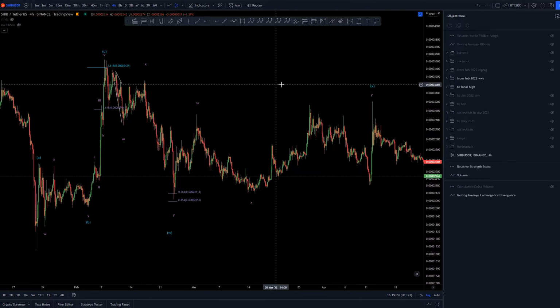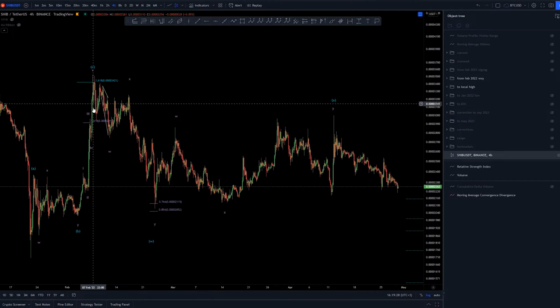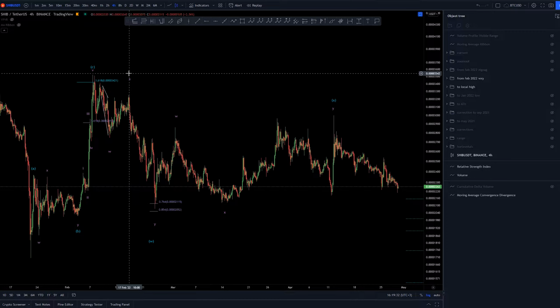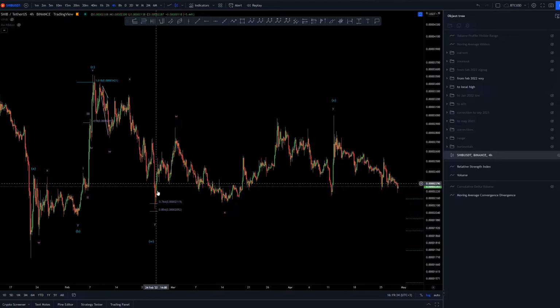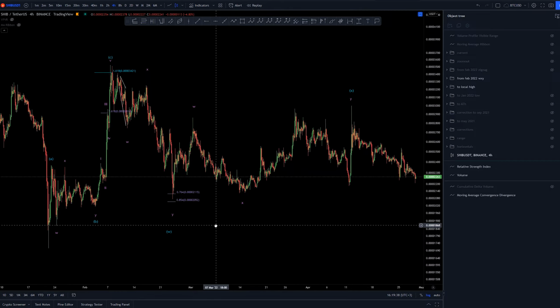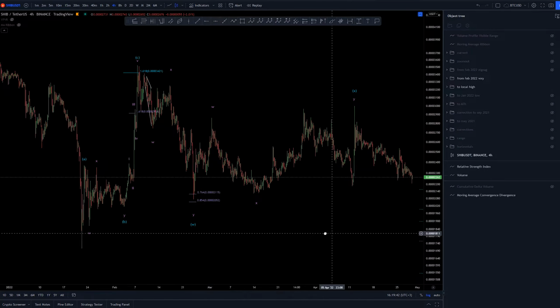Since then we did a bit more corrective pattern. We had a 3-wave move into W, a 3-wave move into X, and a larger 3-wave move possibly to Y. This gives us another possibility for a W here.